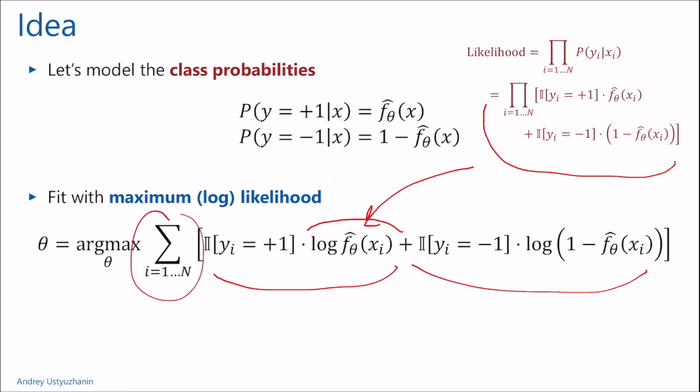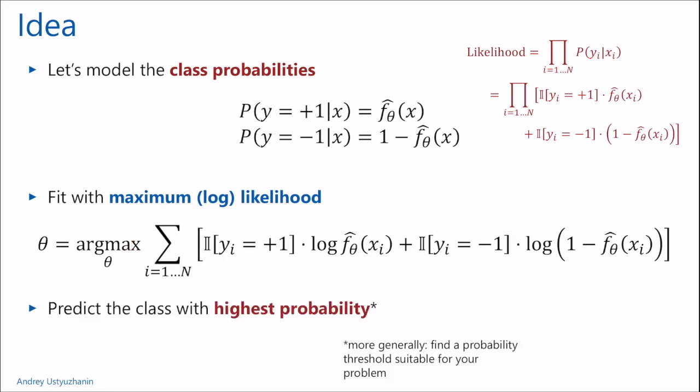Or if we have a negative label, then we're interested in maximization of this term. And theta that corresponds to maximum of this function predicts the class with the highest probability.